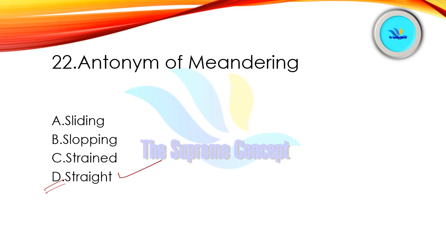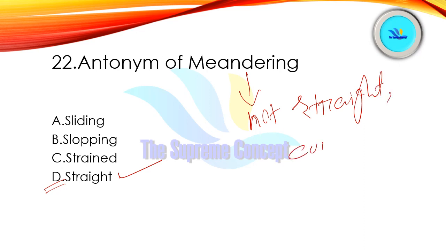Meandering means which is not straight, or we can say a course that doesn't follow a straight path, or we can say twisting.